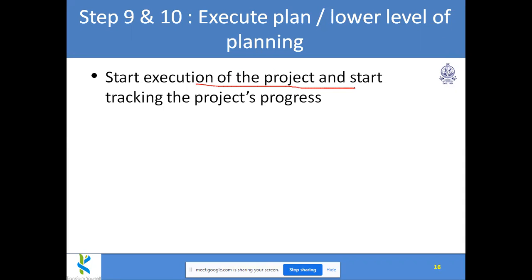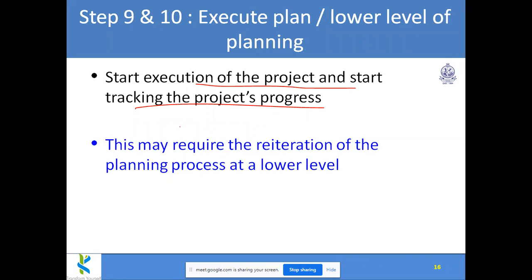So execution can be started, and tracking the project's progress. This may require reiteration of the planning process at lower level. So after 2-3 days of execution, as per plan, if something goes wrong, we can fine tune it.